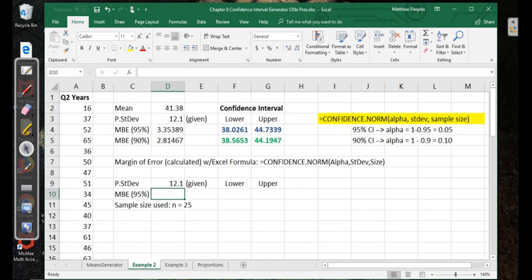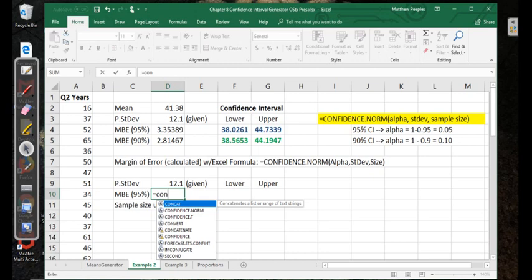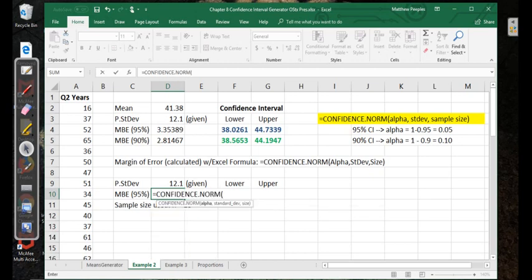Well, if I decrease that sample size, we're going to put in our function confidence.norm. We're going to take our alpha for our 95% confidence interval, 0.05. We're going to take our standard deviation to still be 12.1 based on our population standard deviation that was given, but this time our sample size, let's pretend, decreases to 25.